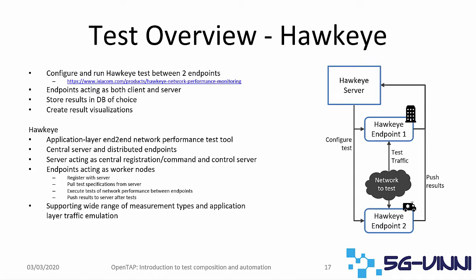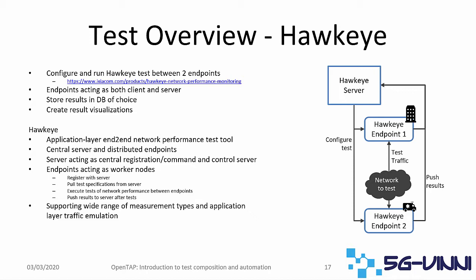In our case, we want to run a test using the Hawkeye tool to test the connection between two endpoints. Once the test is done, we would like to save the results in the database, and finally, we want to visualize the results using Grafana. With Hawkeye, we can measure the end-to-end application layer network performance.